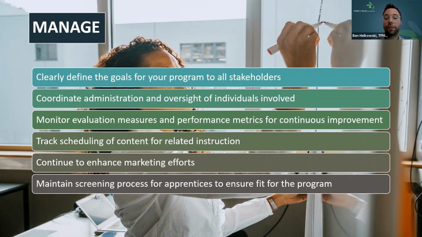Track scheduling of content for related instruction and examine ways to improve related instruction through adding new content or omitting old content. Continue to enhance marketing efforts and reach more apprentices and collaborators. And maintain screening processes for apprentices to ensure fit for the program.